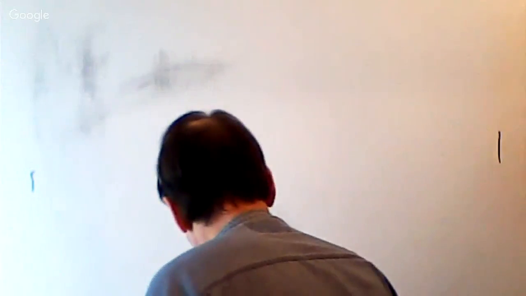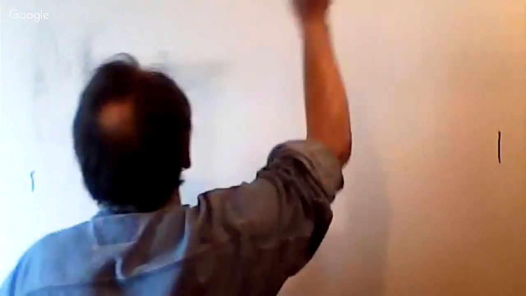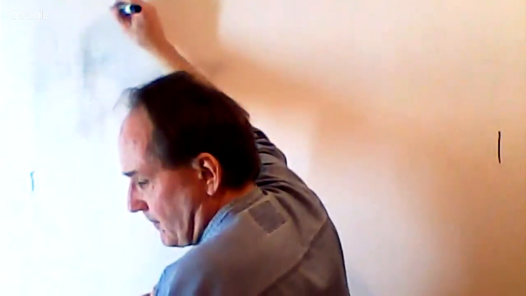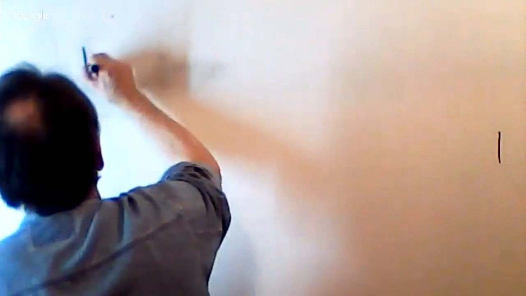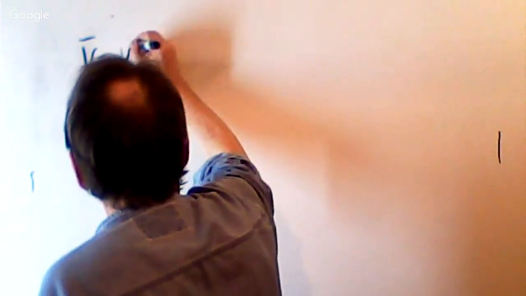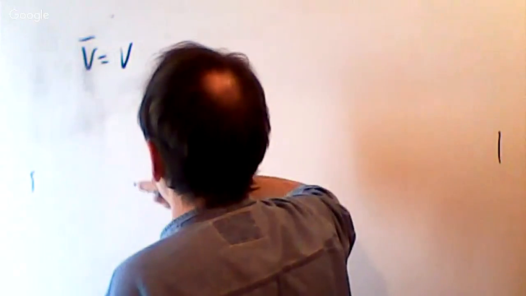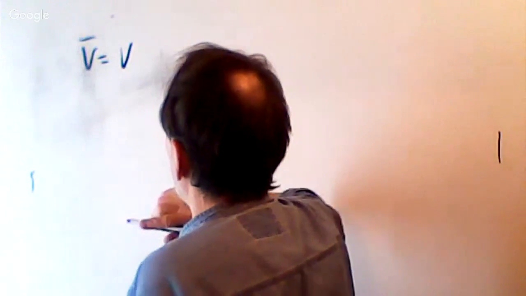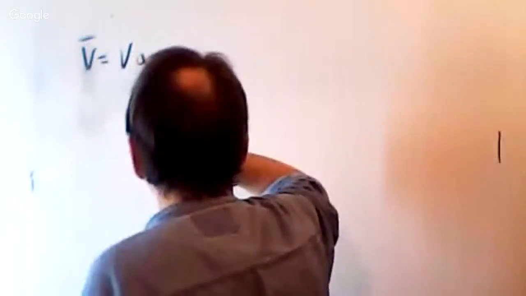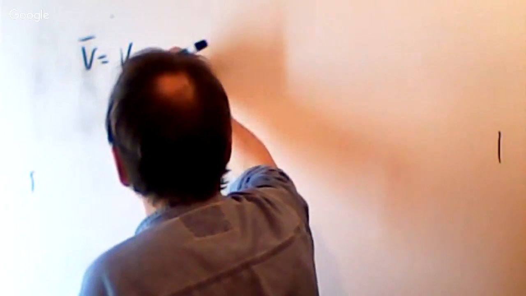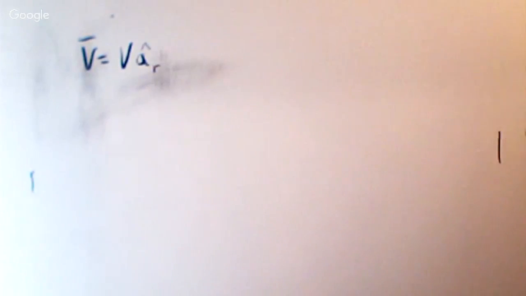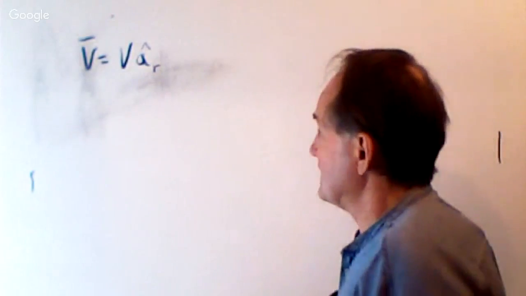So in general, velocity is a vector, and it has some magnitude v. This would be a scalar. I'm designating a vector by a bar over it, and there would be a unit vector associated with that, giving its direction. I'll just call it a sub r. This is a unit vector, has unit magnitude. That's how we designate velocity.